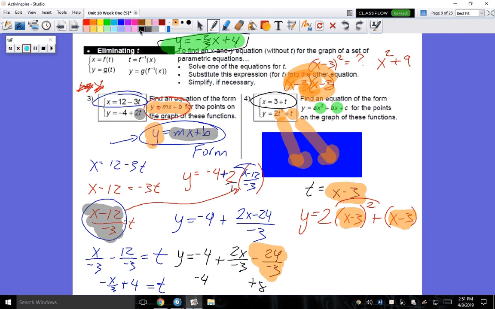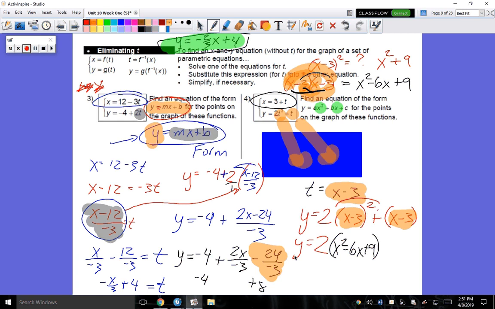The inside and the outside are both negative 3's, which will become a negative 6, and the last terms are a positive 9. Don't let algebra 2 escape you, especially in this unit, because you'll use a lot of algebra 2 in that respect. So I have x squared minus 6x plus 9, which is still going to be multiplied by 2.